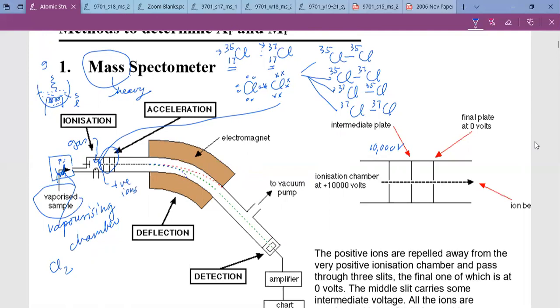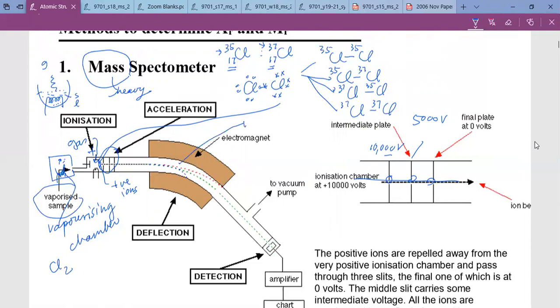Negative ions cannot, because they will all be plunged into this part, which is very positive. This is negative, normally half of this, 5,000 volts. You put your hand there, you die, you fry. This is 0 here, the final plate, and there's a hole here. So they will all be accelerated to the hole and pass through it.